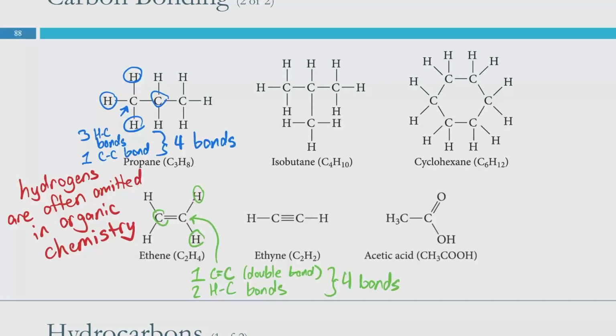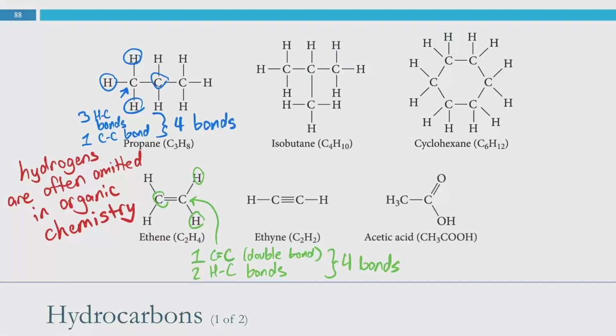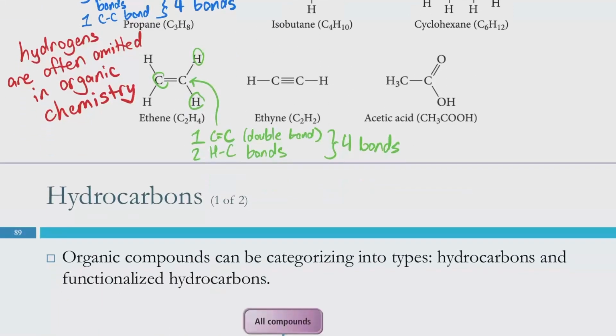Each of the lines represents 1 bond. In ethyne, it's the same thing. We've got a triple bond between the carbons, and then they have 1 extra bond on top of that. So that's our 4 bonds coming into play. It's always going to be 4 bonds for carbon. Hydrogen will always have 1 bond.